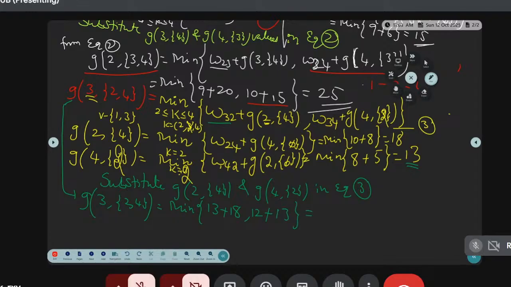This is equals to minimum; this value is 31, this is 25, so 25 is the final answer.